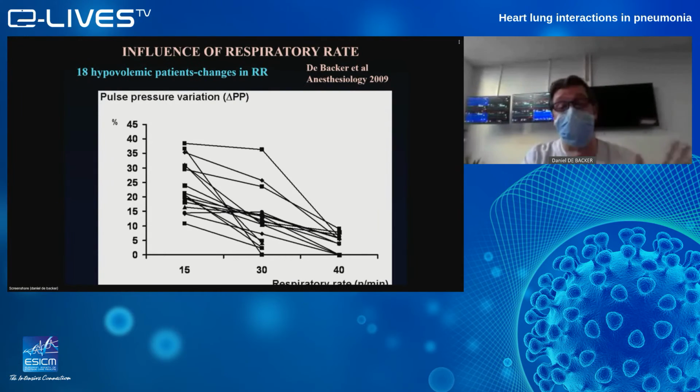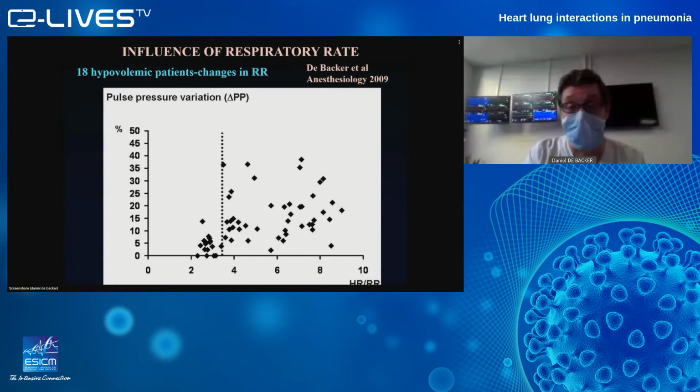So when we increase the respiratory rate, we may unfortunately also lose the prediction of the response to fluid using this test. And this is perhaps dependent on the heart rate also. And so what we found is that with a heart rate to respiratory rate ratio above 3.6, we have a very good prediction of the response to fluid. Below, we lose it completely.